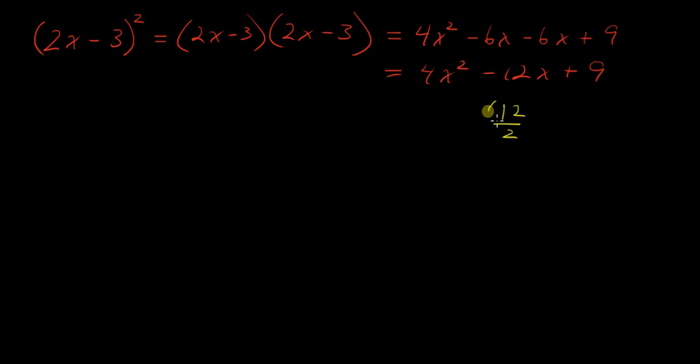If you cut it in half and then square it, that will equal this coefficient times this coefficient. Okay, let's see if this is really true. 12 divided by 2 is 6. 6 squared is 36. 4 times 9 is 36. This passes the test for a perfect square trinomial.